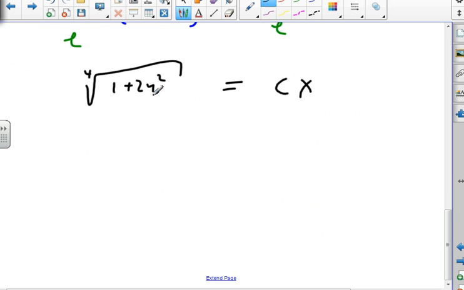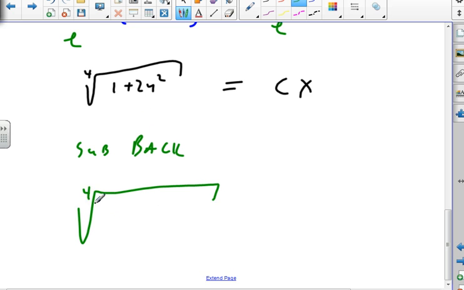And I'll substitute back. So the 4th root of 1 plus 2 y squared over x squared is equal to cx.